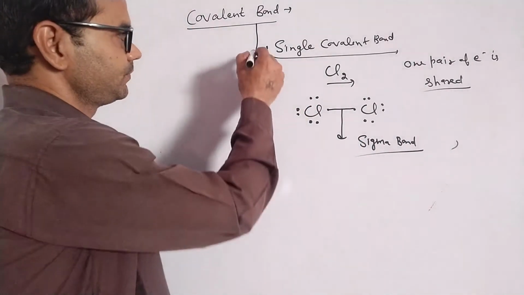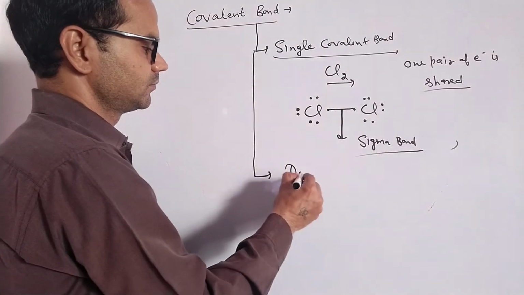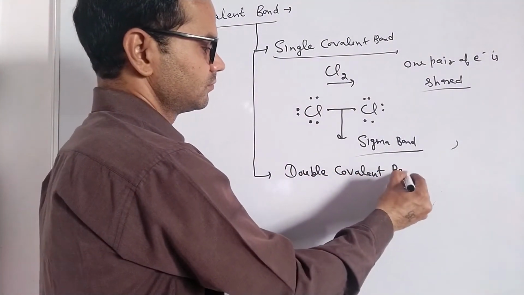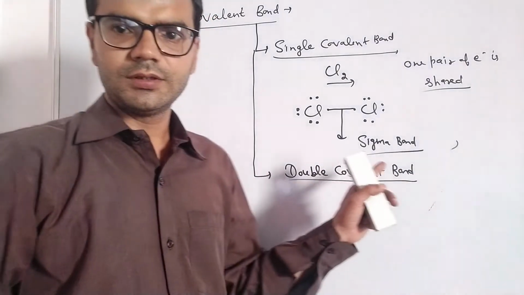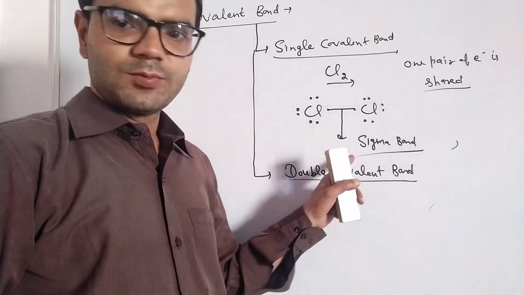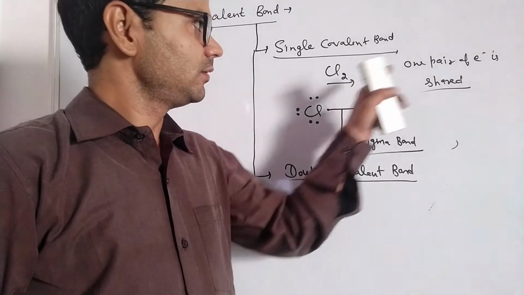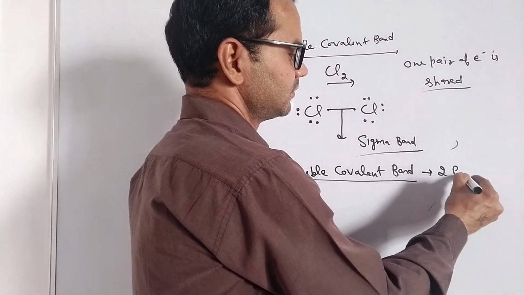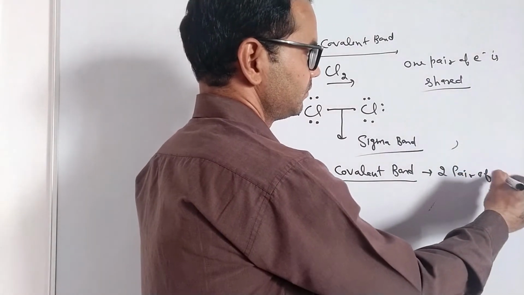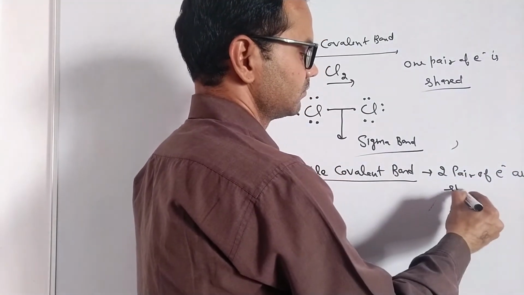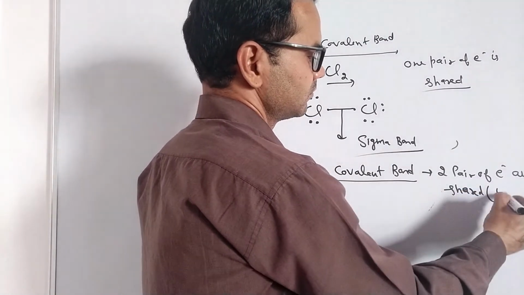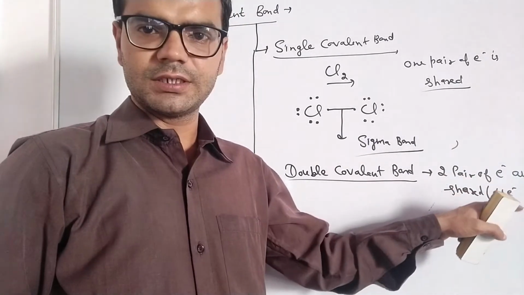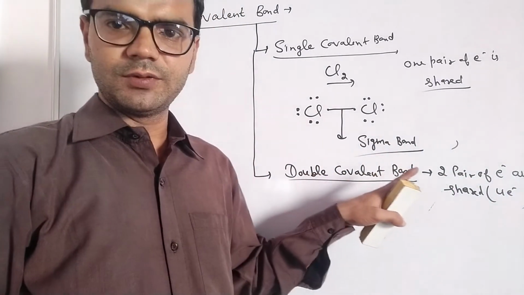Second is the double covalent bond. This bond is formed when two pairs of electrons are shared. Two pairs of electrons are shared, or 4 electrons are shared, then a double covalent bond is formed.